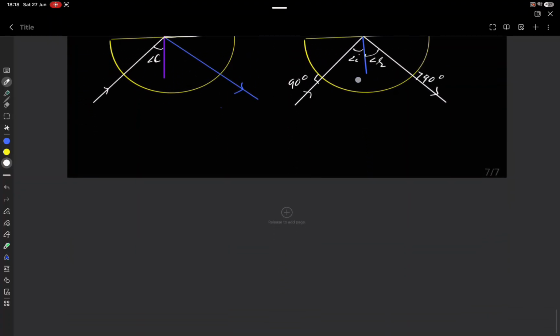So how do we define total internal reflection? Definition: total internal reflection.